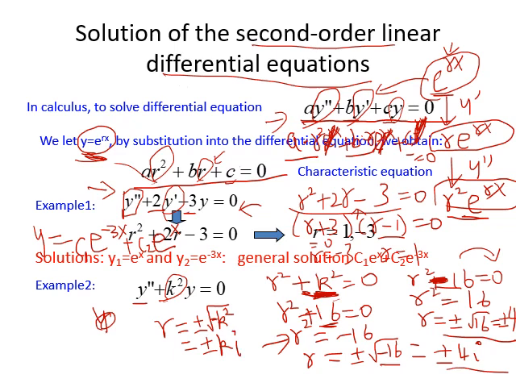Then we put back into this equation, so you have two solutions: one is e to the ikx, or e to the negative ikx. So the general solution for the Schrödinger equation with no potential energy is C1 times e to the ikx plus C2 times e to the negative ikx.